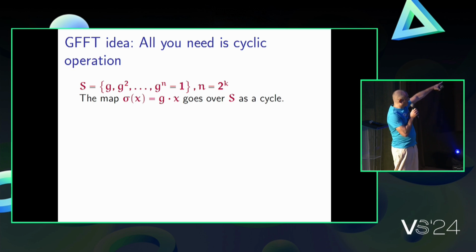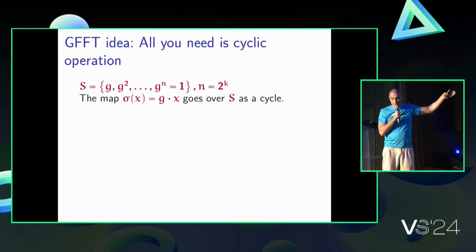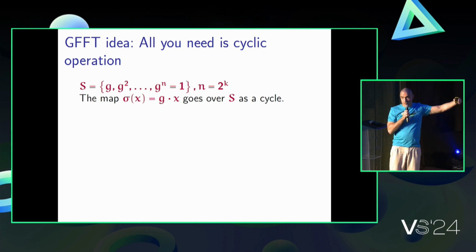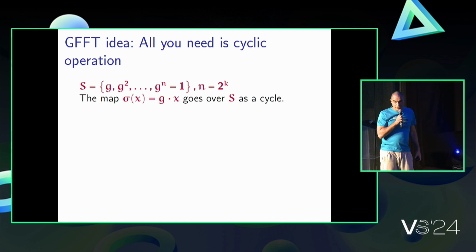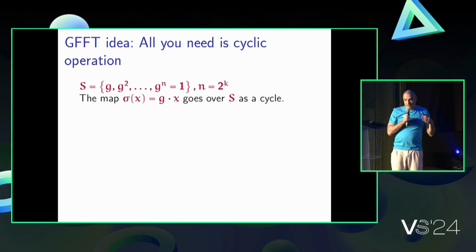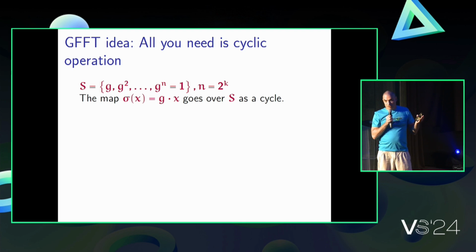And this map sigma, x goes to g times x, goes over S in a cycle, right? You start from any point in S, you apply sigma repeatedly, then you will go over all of S. And let's see how the FFT can be derived from sigma.